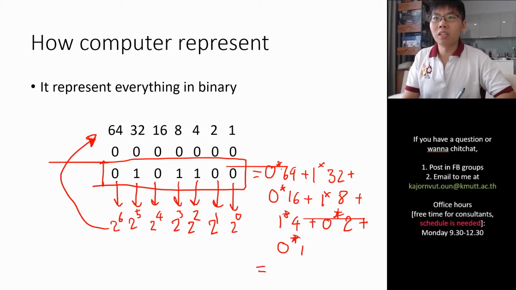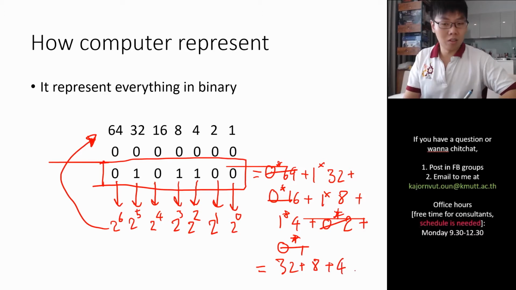So this one is removed, removed, removed, removed, and you have 32 plus 8 plus 4, which equals the number 44.